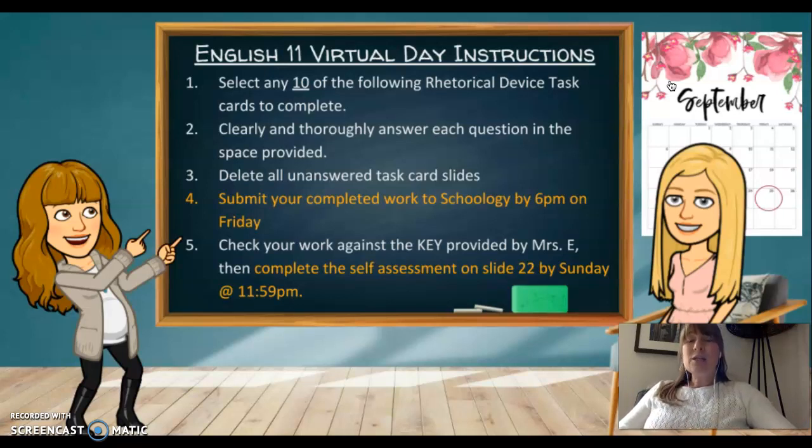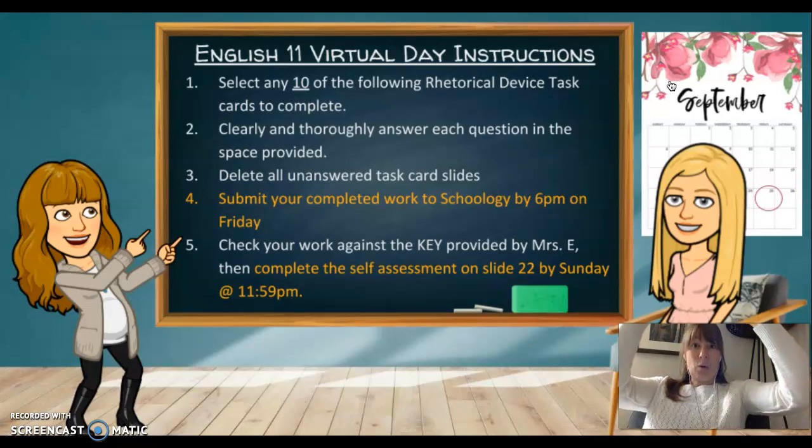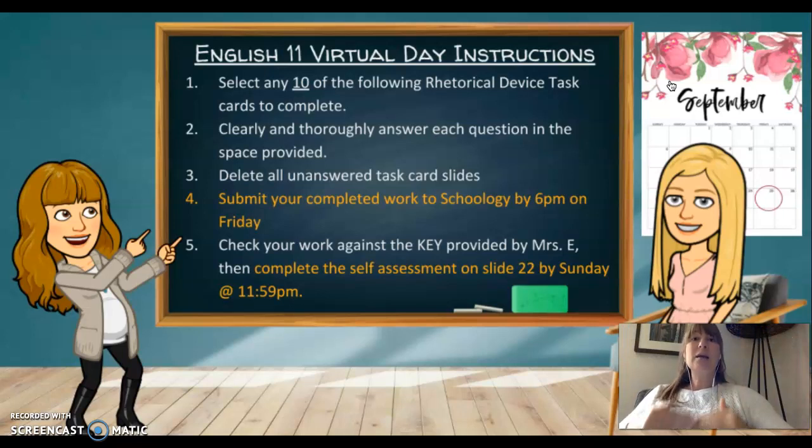Once you've picked your 10, make sure that you clearly and thoroughly answer the question on each of those task cards in the space provided. Then I'm asking that you delete any unanswered task cards, so that you would only have the 10 task cards that you chose and responded to within your assignment document. All right?